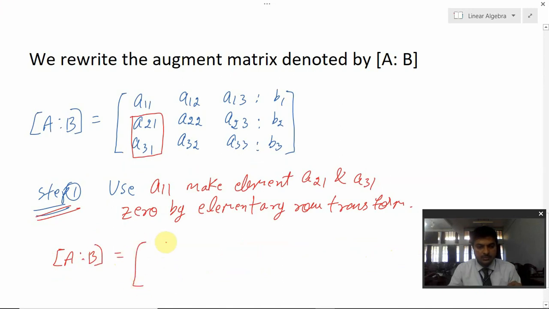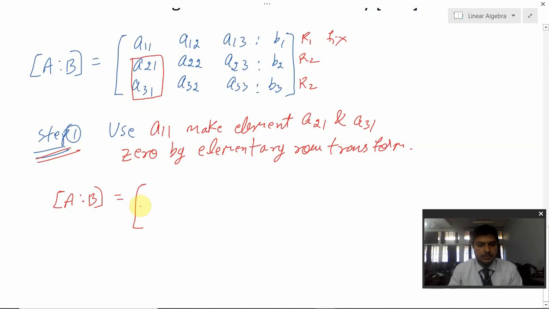So you can see the first row is fixed. So we can see this is R1, R2, R3. This you have to fix. So now this is going to become A11, A12, A13 and this is B1 as it is. What will change? Yes, this is 0, this is 0.